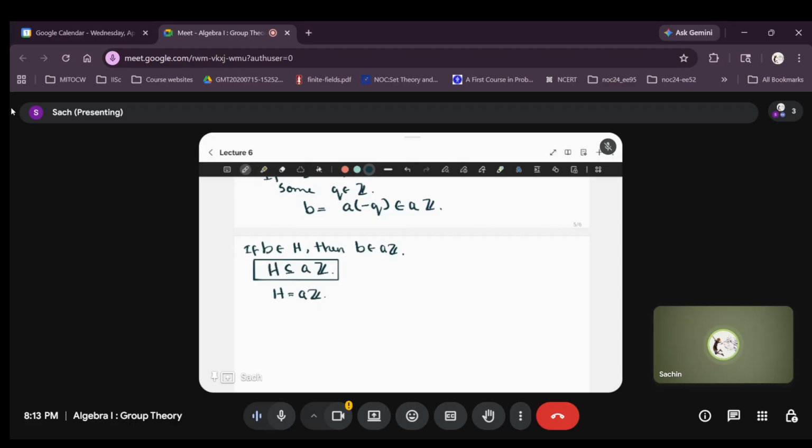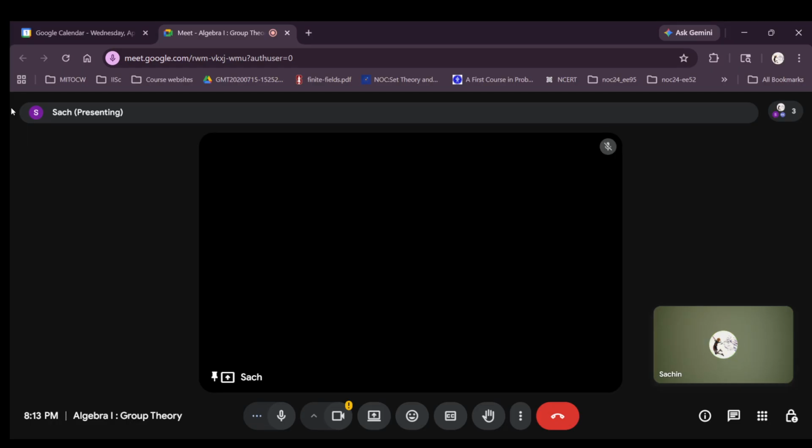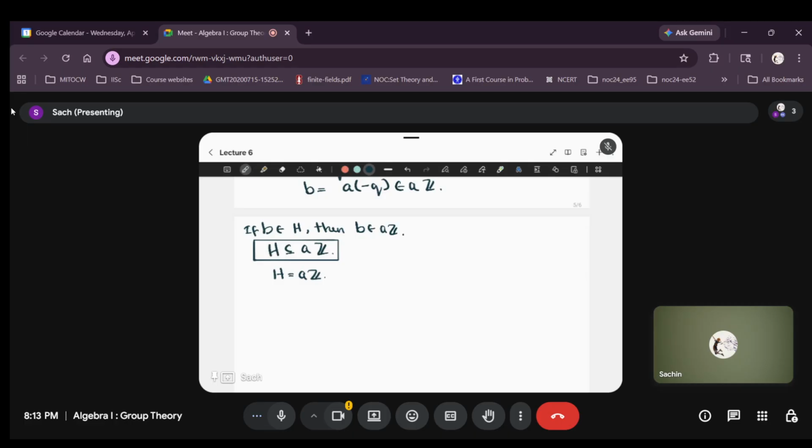If the subgroup is just the group containing 0, then it can be written as 0Z. So you can say that every subgroup of Z is of the form AZ for some non-negative integer A. If it's the trivial subgroup, A is 0. If it's not the trivial subgroup, then A is the smallest positive integer in the subgroup.